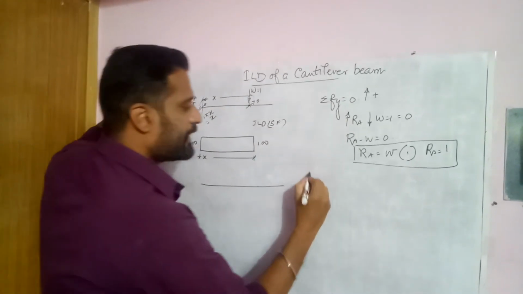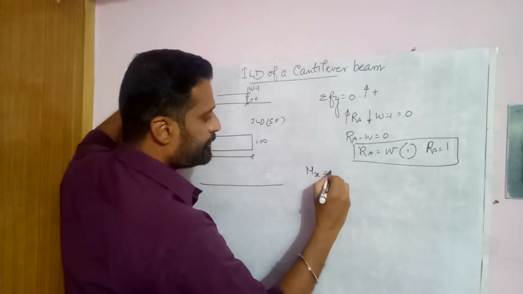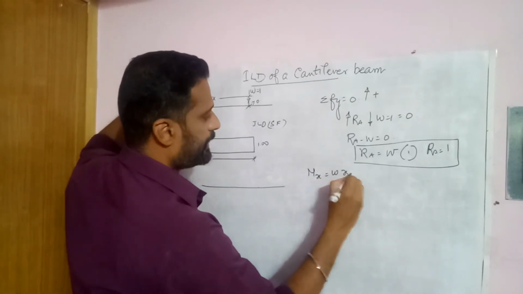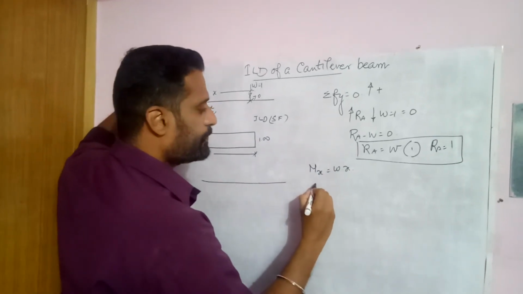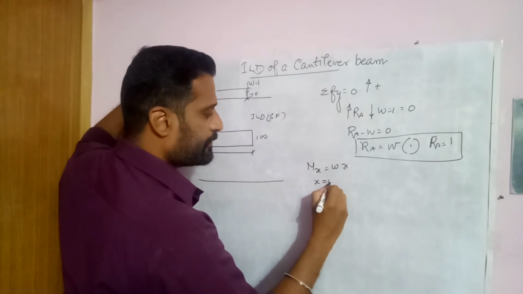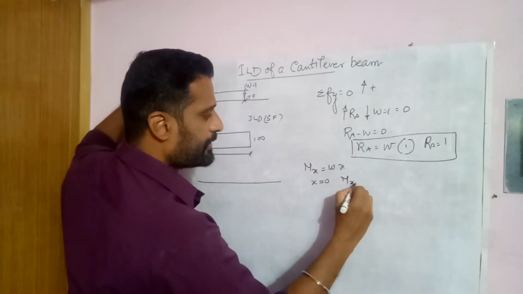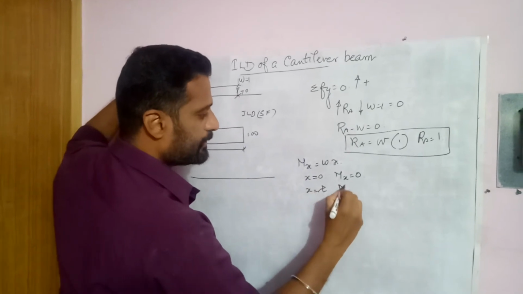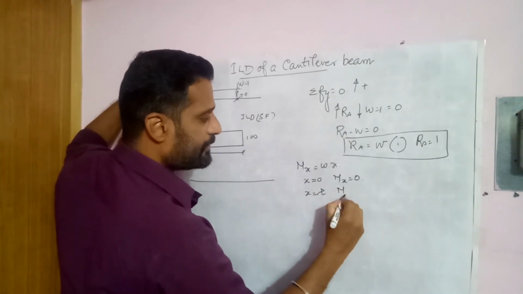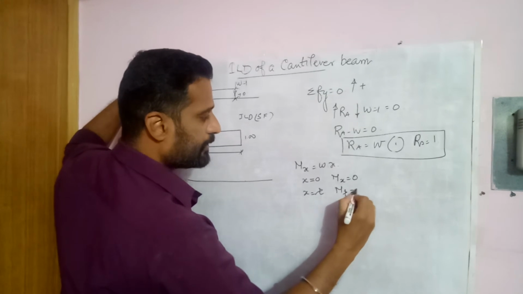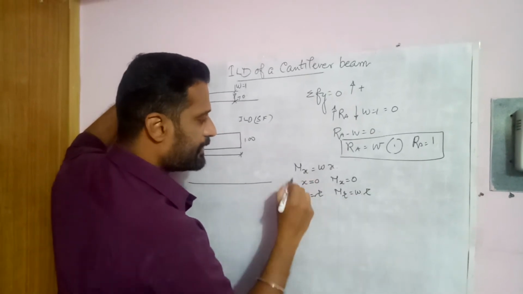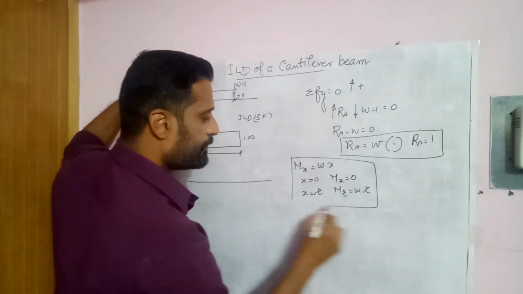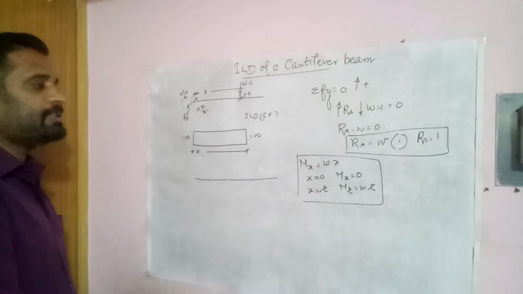But generally we can write the moment at x equal to W into x, taking this section. Substitute the boundary values, put x equal to 0, the value Mx will be equal to 0. Put x equal to L, the moment at L will be W into L, and generally moment at x equal to W into x. So plot according to this condition.